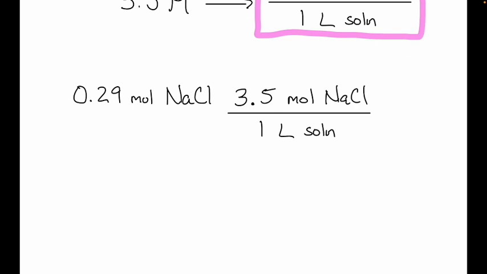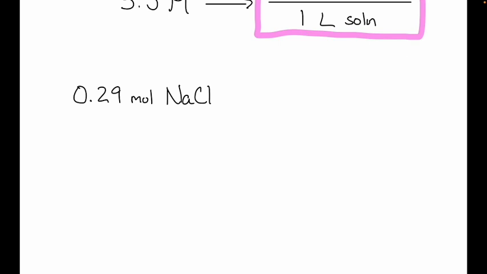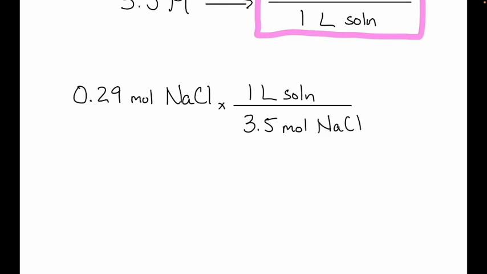So what am I going to have to do? Flip it, right? I can always use these conversion factors as is or flip them. So instead of multiplying by that 3.5, I'm going to divide by that 3.5. I set this up so that the 1 liter of solution is on top and the 3.5 moles of NaCl are on the bottom. We can tell it's set up correctly because our moles of sodium chloride cancel out, and we're left with our volume of solution, our liters of solution.